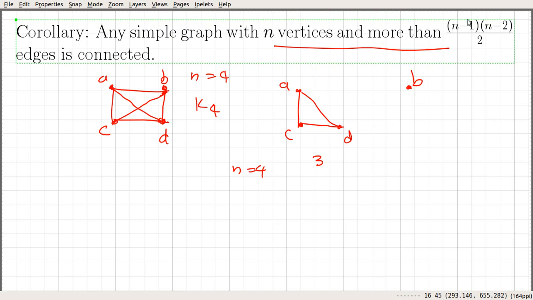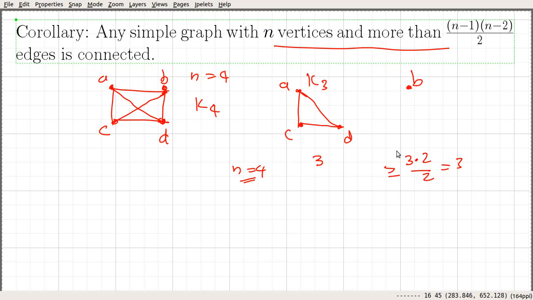Plug this in here: you get 3 into (4 minus 2)/2, that is 3. So if the number of edges is greater than 3, we cannot have this disconnected graph with the complete graph K3 plus an isolated vertex, since we are dealing with a simple graph with 4 vertices.